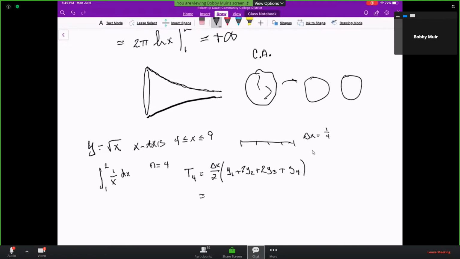What I would want to see is you write down 1/8 times 1/1 plus 2 over the x, which is going to be 5/4, plus 2 divided by 6/4, 2 divided by 7/4, plus 1 divided by 8/4.